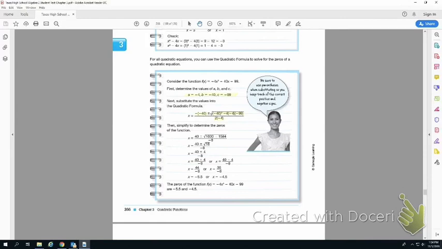After that, they get rid of all the parentheses. The negative 40 becomes positive 40. Negative 40 squared becomes 1600. Negative 4 times negative 99 becomes negative 1584. And then the 2 times negative 4 becomes the negative 8.